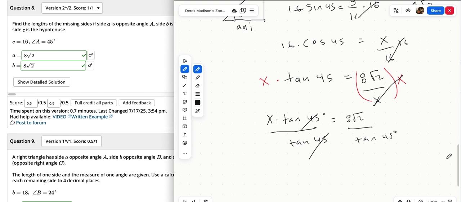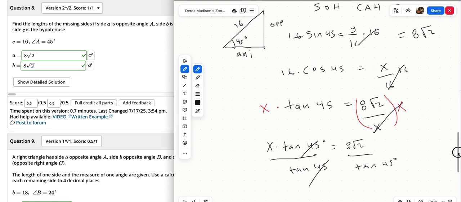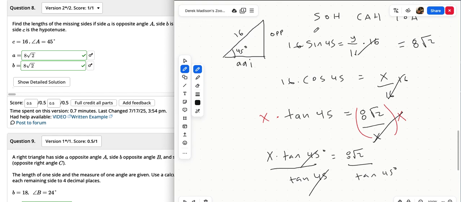But hopefully that gives you a little bit more, and I'll do another example here. Looking at what I was given, which was the hypotenuse, I started with, okay, I can either find opposite using sine or I can find adjacent using cosine. And that's what I did there. On both of those, the thing I was solving for was in the numerator, so I just had to multiply both sides by the denominator to clear it.